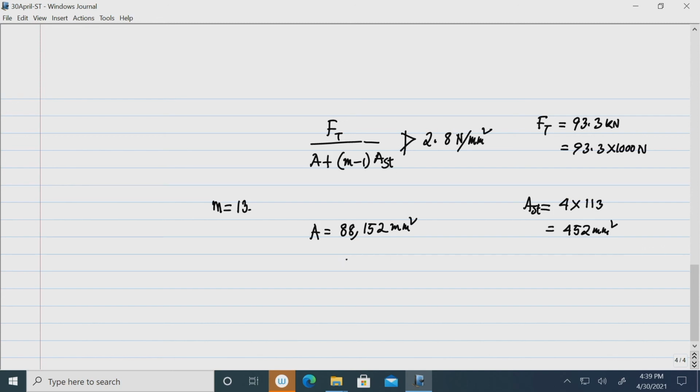So, that means the size of the ring beam, which is a circular beam, is now taken as root over this, that is we take 300 mm by 300 mm size. So, the design is completed. We found the size of the ring beam, the reinforcement of the ring beam, the thickness of the shell that was adequate to resist the maximum compressive force, and we got the reinforcement in the shell. Thank you very much.